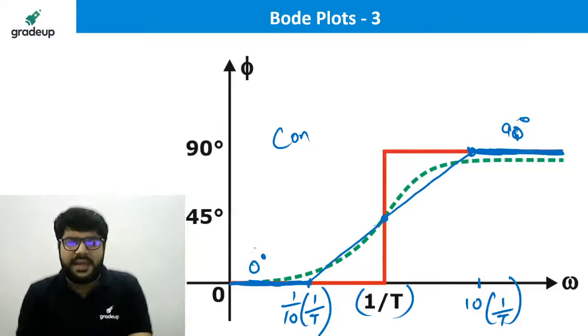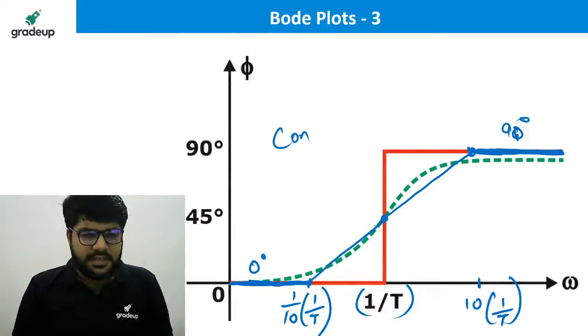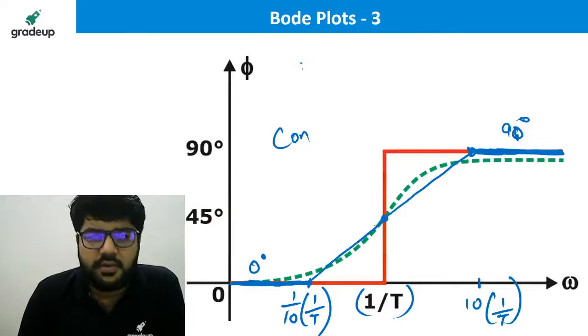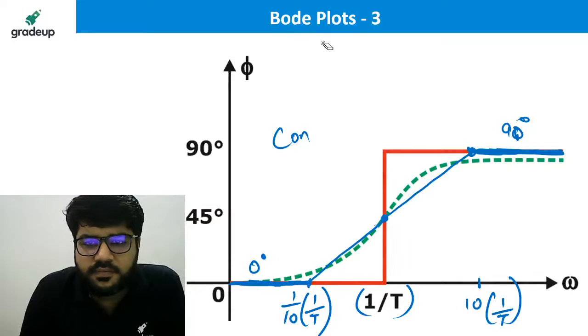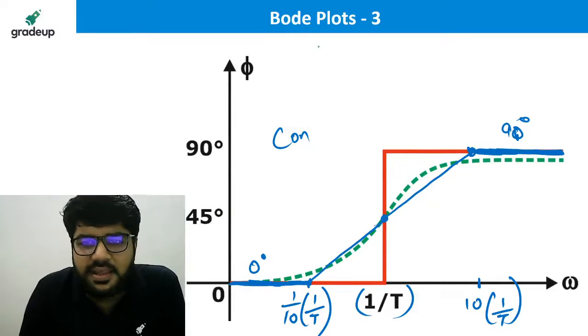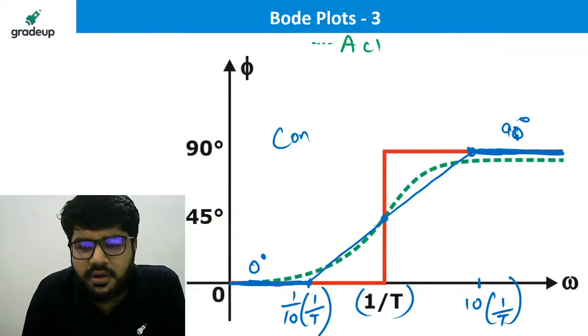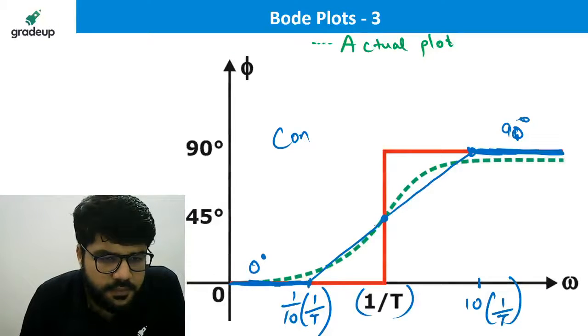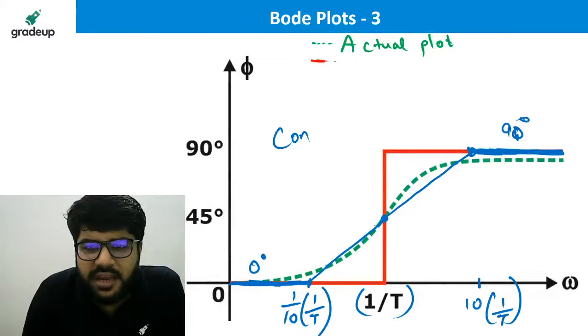To explain this, let me note it down here. Again, the dotted green one is your actual plot. The red one is according to the first approximation rule.